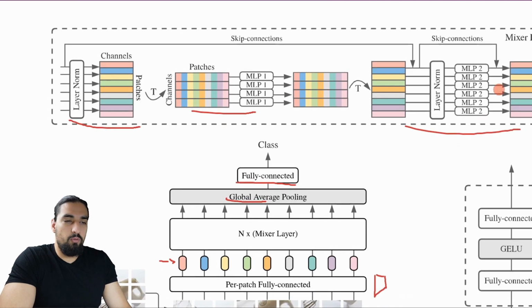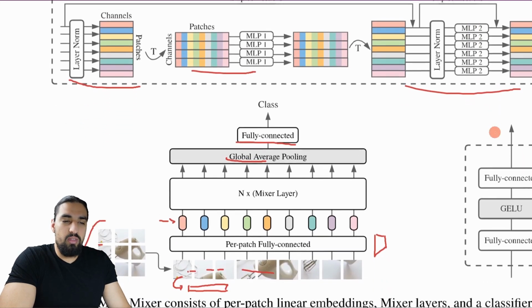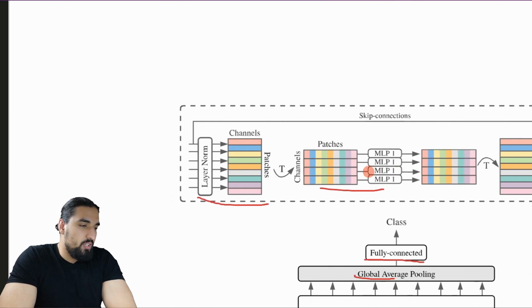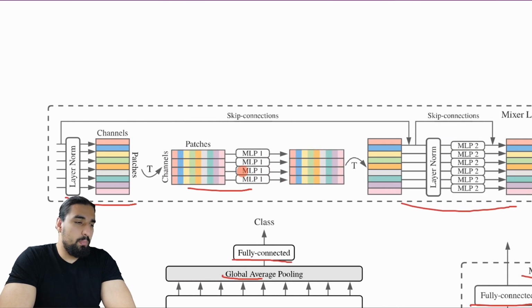Before digging into those, let's just see what an MLP is. An MLP just consists of two fully connected layers and a Gaussian nonlinearity in between. Super simple. If we ignore the transpositions here, what they semantically do is take the column here and apply the first MLP, MLP1, on this column.